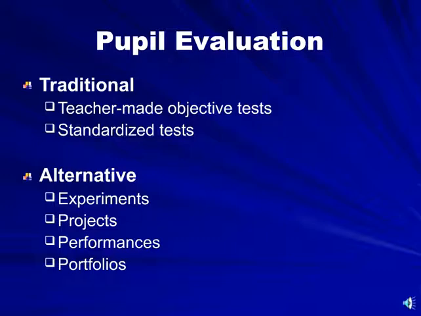We look at performances. The fine arts and performing arts use performances and exhibitions all of the time for evaluation purposes. And of course there are portfolios, which is a collection of work which is intended to demonstrate how students make progress from one point to another. Those are all alternative assessment methods.